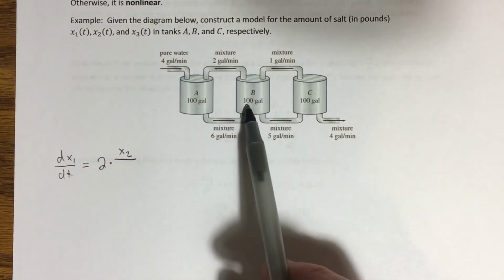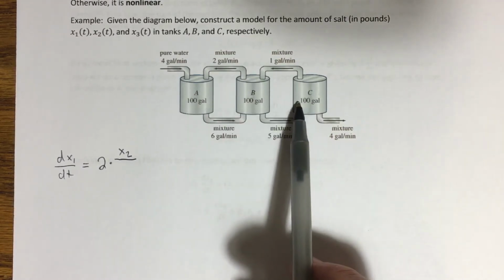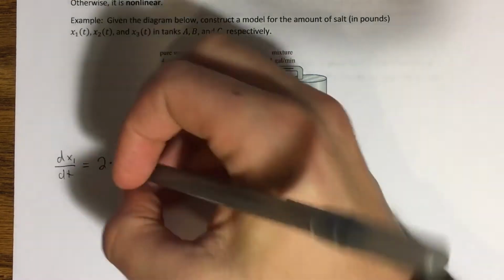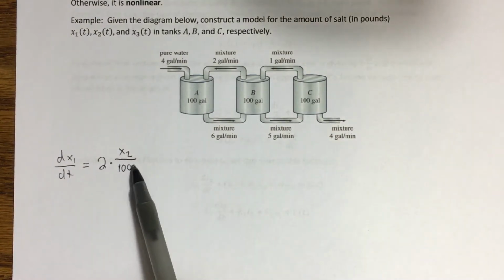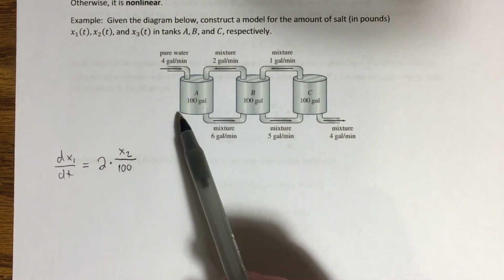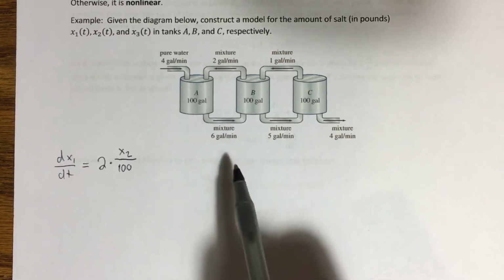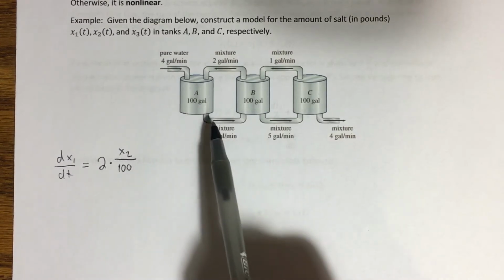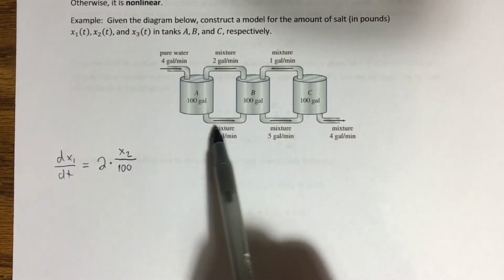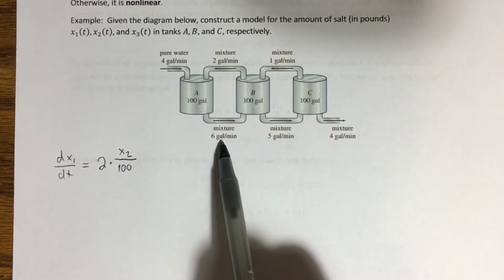And this is where that initial observation matters, that each tank is going to have a constant 100 gallons in it at any given time, because I can just write 100 down here instead of some function of t like we've seen before. So this is the rate at which salt is entering tank A. What is the rate at which salt is exiting tank A? Well, tank A only has one outflow. It's right here, and it's flowing out of the tank at a rate of 6 gallons per minute.